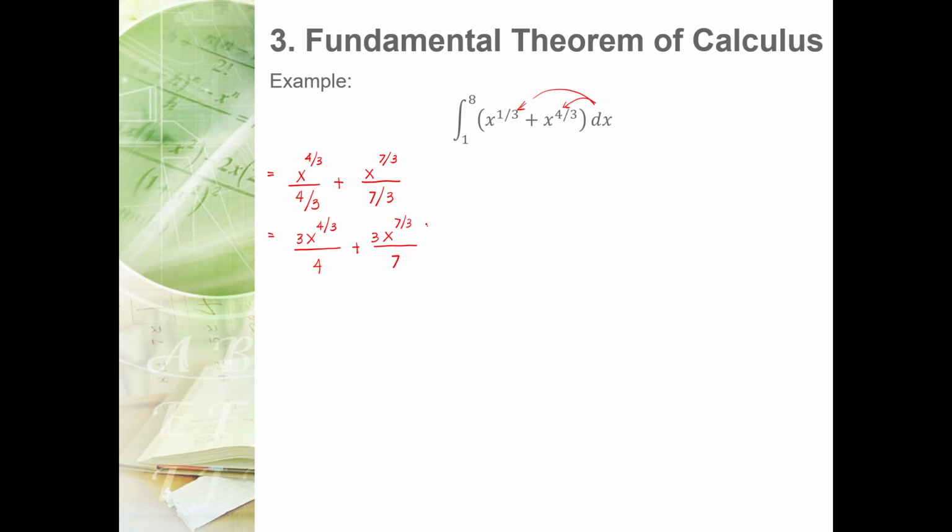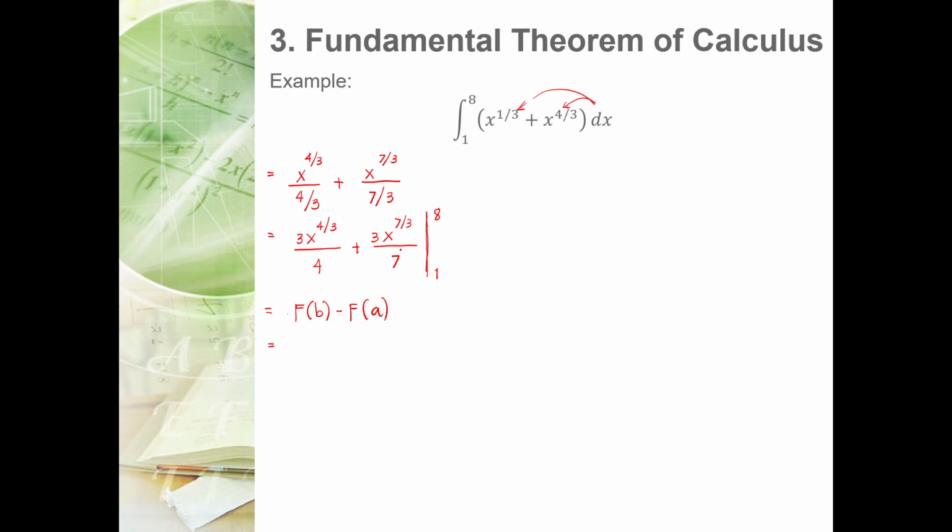Again, we write the limits of integration on the right side of the long bar, so you have 1 to 8. Okay, so applying the limits of integration, again the formula is f of b minus f of a.